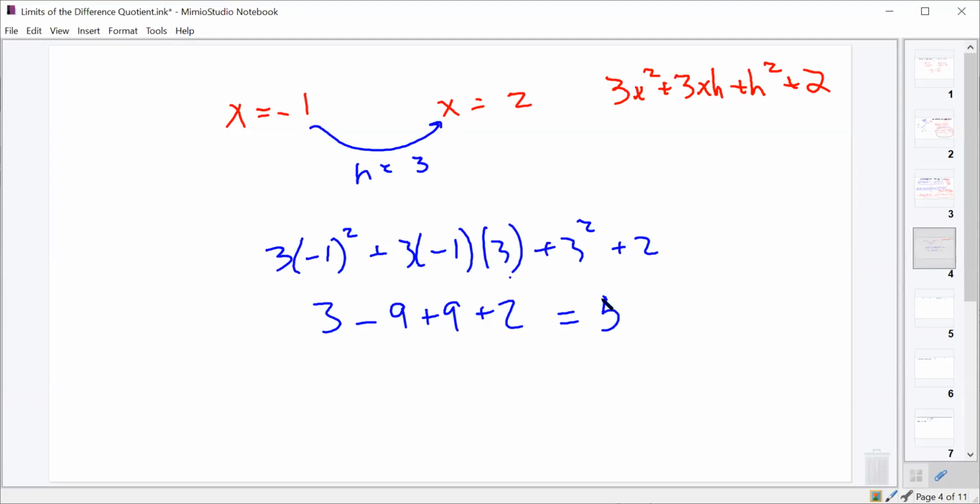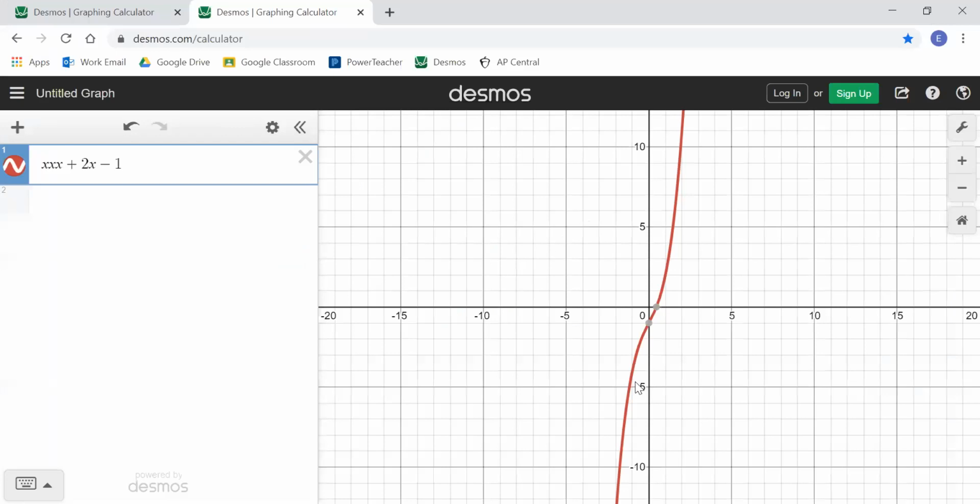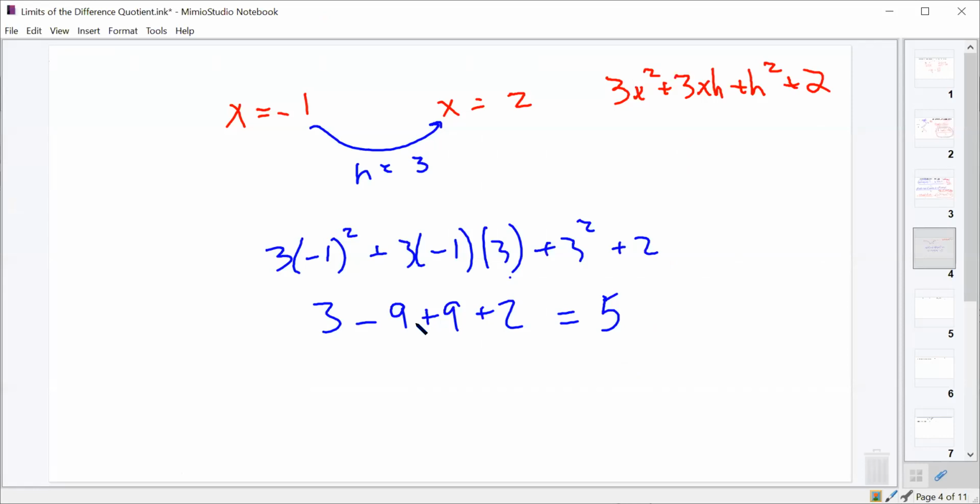5. And if we look back at our graph on Desmos, what do you think? From -1 to 2, it's pretty steep, right? That could be a slope of 5. Is there a way we could be sure that we're right? Yeah, we could plug in the numbers and actually calculate it. Or we could write the equation of the line that goes through x equals -1.